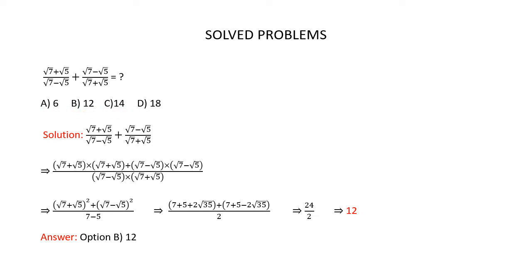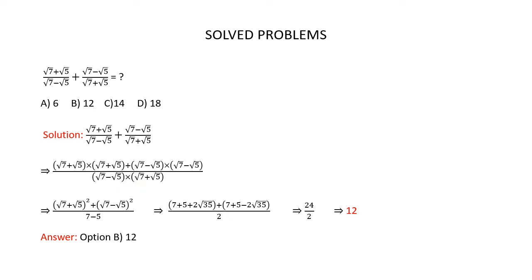Now to solve the equation, you have to first add these two terms. To add these two terms, you have to find the LCM first. The LCM is written in the denominator as root 7 minus root 5 multiplied by root 7 plus root 5.